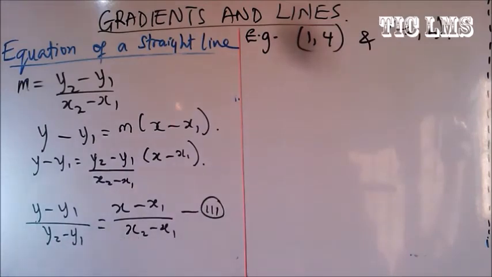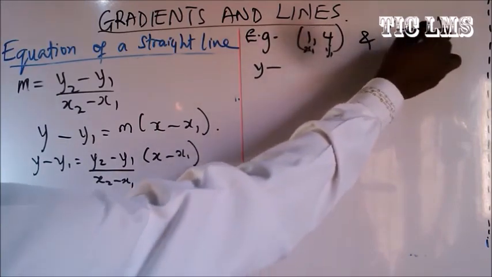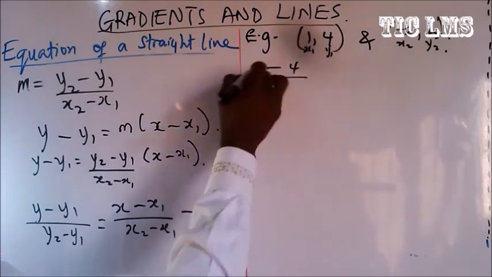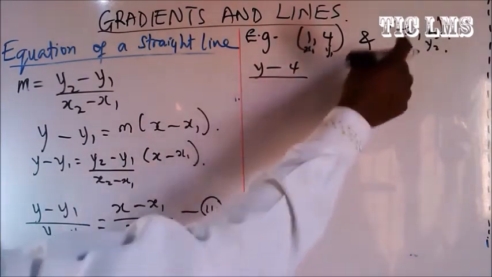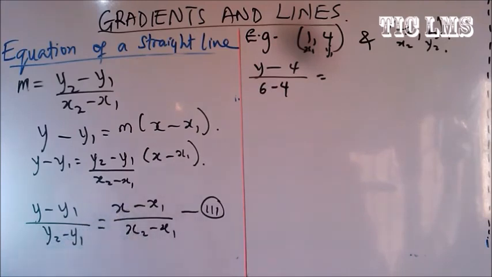So we'll apply this formula, which is y minus y1 over y2 minus y1 equal to x minus x1 over x2 minus x1. So we have our y, which is a general point, minus y1. Here we have x1, y1, x2, y2. y1 here is 4 over y2 minus y1, which is 6 minus 4, equal to x minus x1.